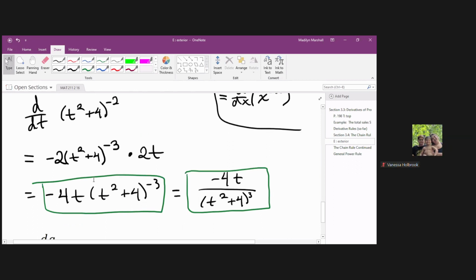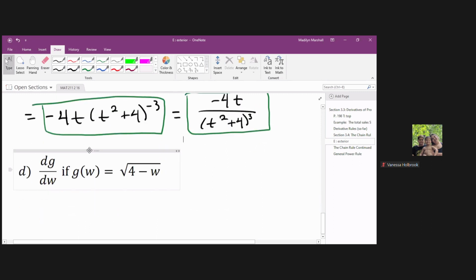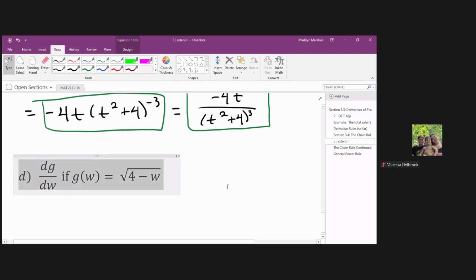So let's do one more that's using the power rule, and then we'll build and use some of our other rules as well.